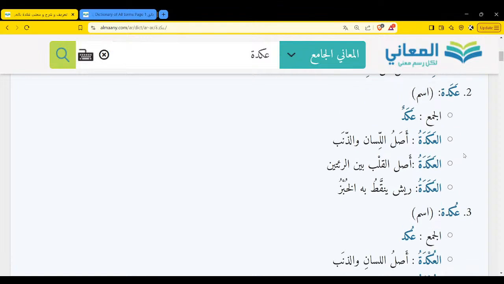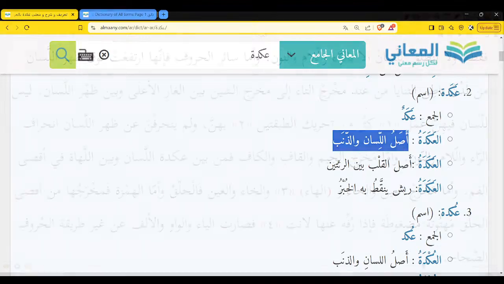So this is Aqada. This is the back of the tongue. أصل اللسان والذنب. It can be the root of the tail, meaning where the tail originates from the animal's body, or it can also mean the root of the tongue. So that is Aqada.